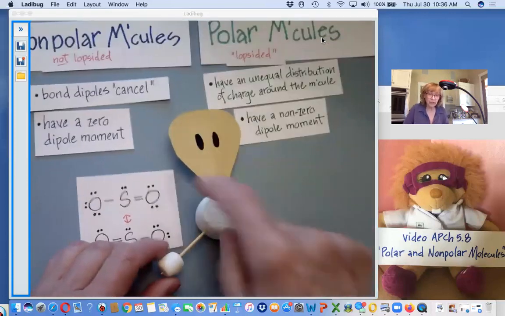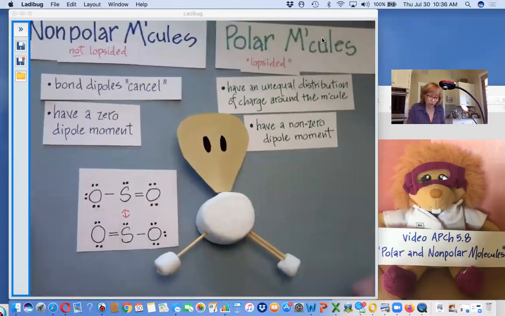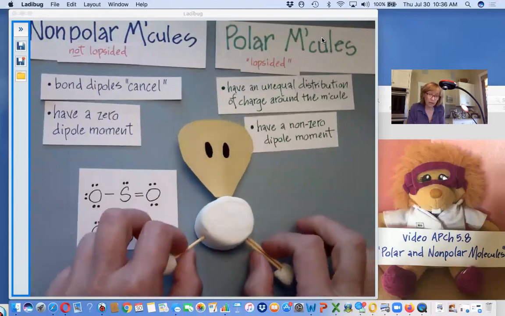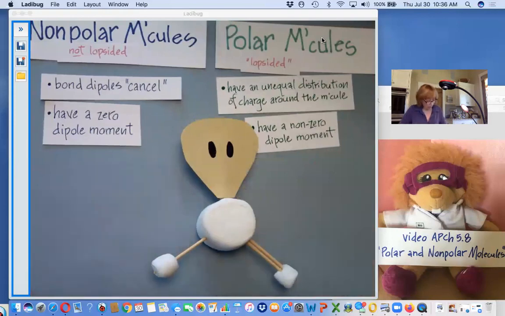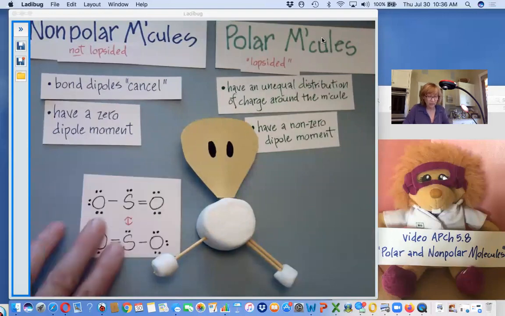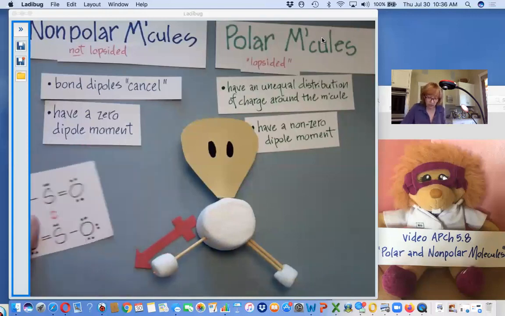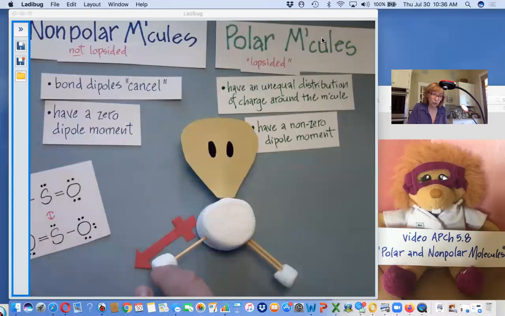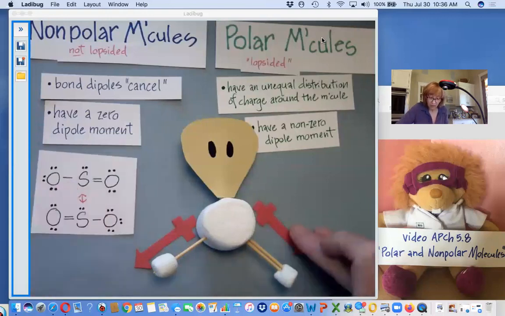So 3 electron domains around the central atom, and that looks like this, with again the 120 degrees between each. But in this particular molecule, 2 of the electron domains are bonds, and 1 electron domain is a lone pair. Now the bond dipole, S to O. So I have a bond dipole of sulfur to oxygen, electron density skewed toward the more electronegative oxygen, and then over here, sulfur to oxygen again.